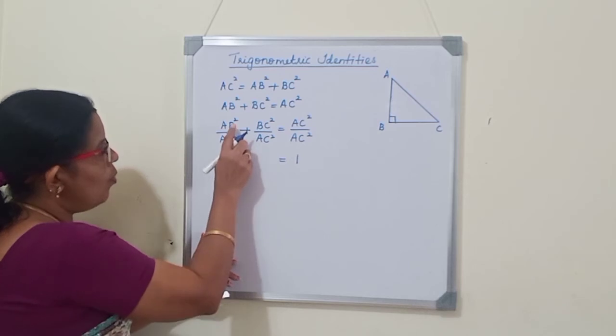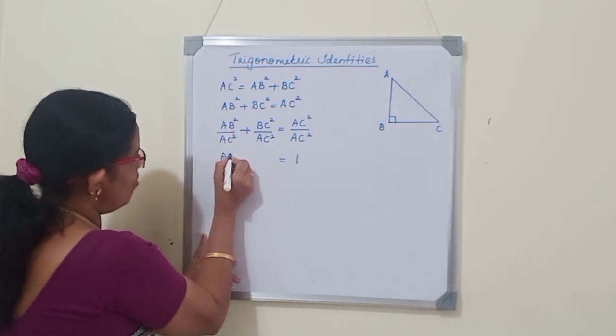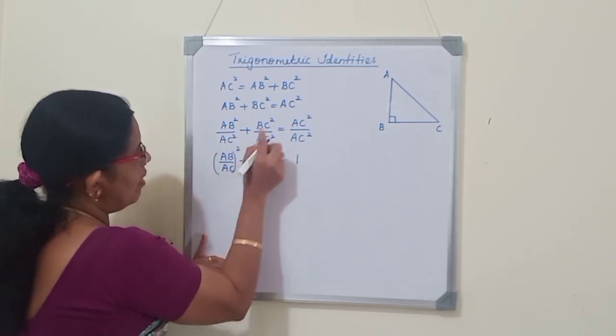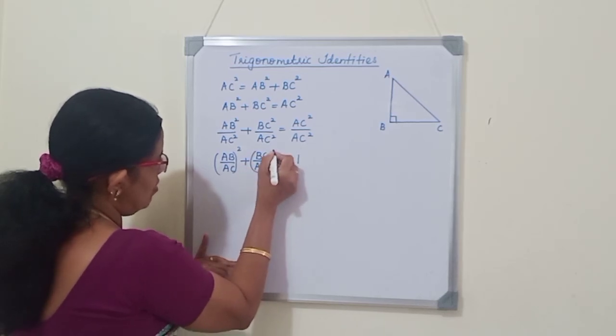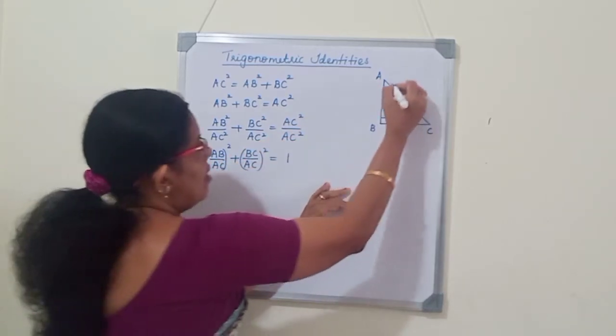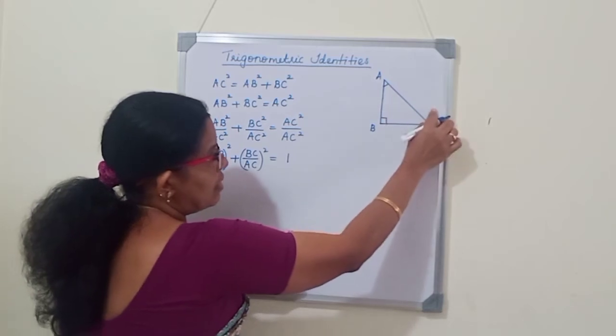Now we will see what AB square by AC square is. This can be written as (AB by AC) the whole square, and this can be written as (BC by AC) the whole square. Now, with respect to angle A, AB is the adjacent side and AC is the hypotenuse.